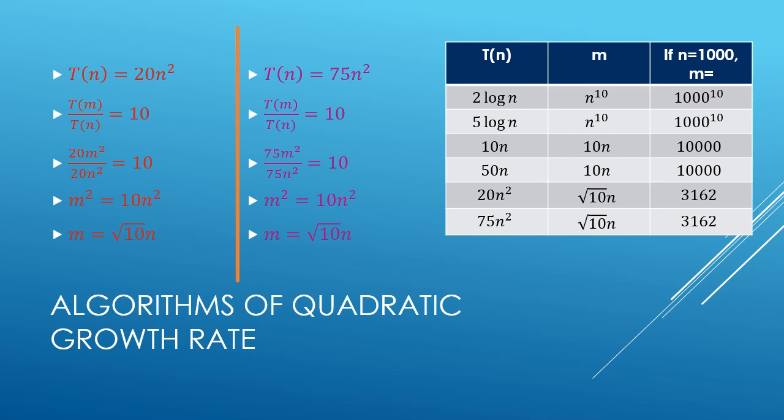Now we notice that the improvement in problem size is getting smaller and smaller as the rates of growth of algorithms are going up. The linear algorithms had better improvement than the quadratic algorithm. And again, the constant is not affecting the improvement in problem size.